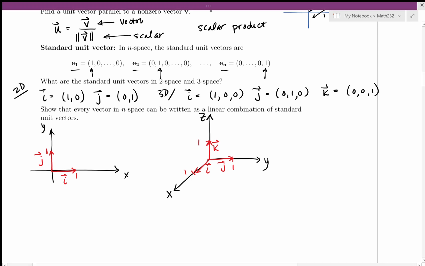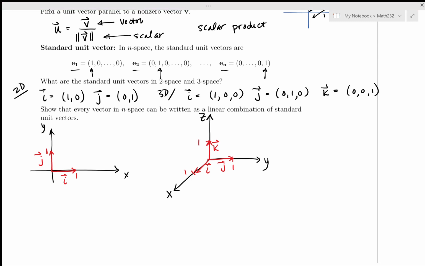Okay, so it is the case that when we have the standard unit vectors, we can form any of the other vectors in that same sized space as a linear combination of the ones that we have. So what does this mean?